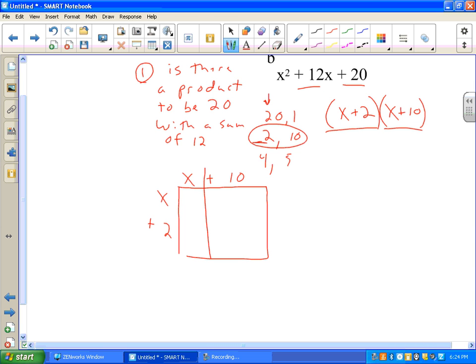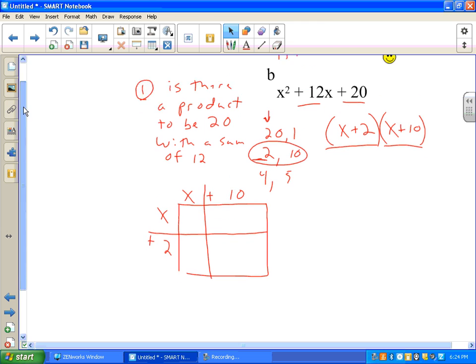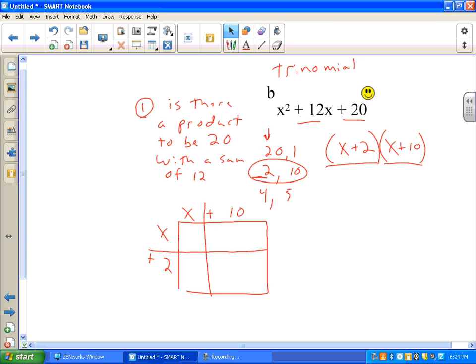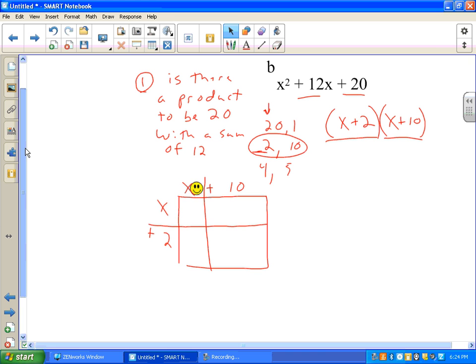So when we multiply these together, if I take x times x, this is telling me that this part of the garden is a square whose height is x feet and whose width is x feet. So the area is x times x, or x squared.